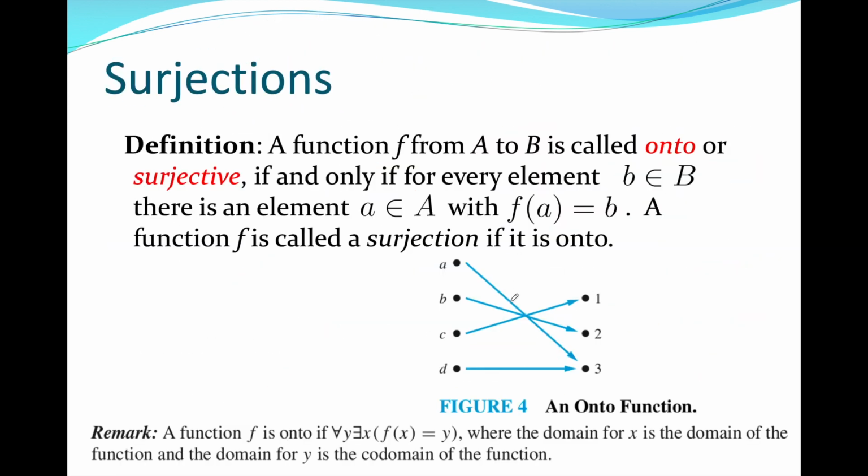Whereas for the surjection, it is compulsory for you to check that the elements of B here have a connection with here. That's why in the definition you can see that the function is called onto if and only if for every element B in B, there is an element A in A with f(A) equal to B. A function is called a surjection if it is onto.